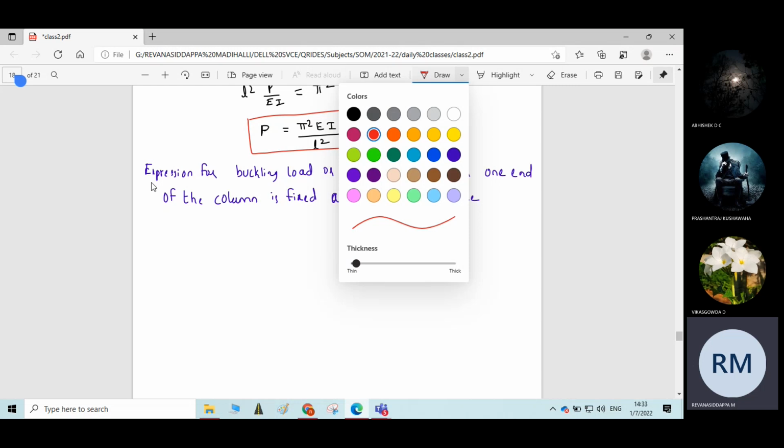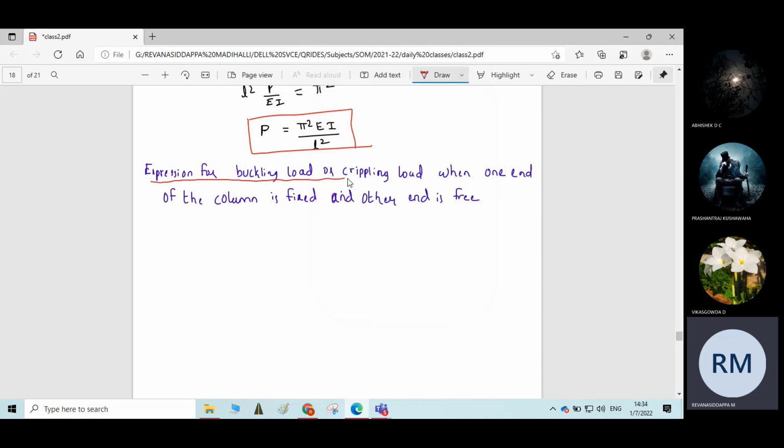One end of the column is fixed and the other end is free. Okay, this is the second derivation, number 2.